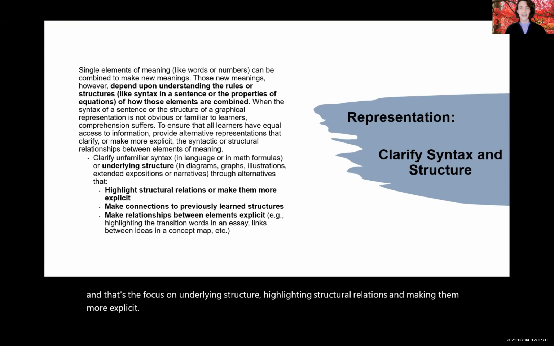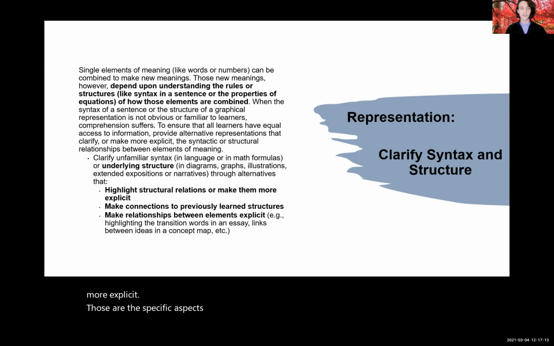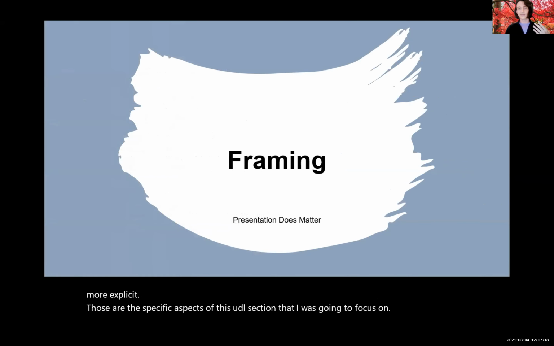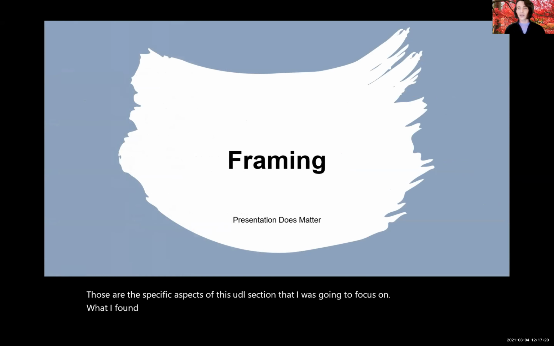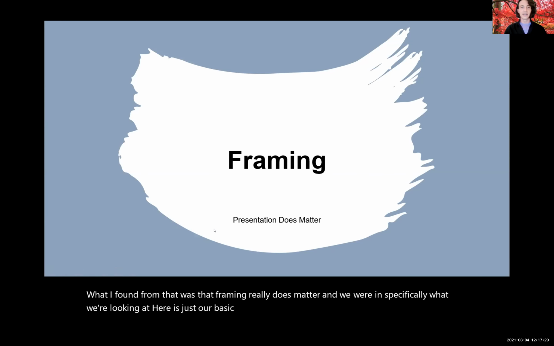Those are the specific aspects of this UDL section that I was going to focus on. What I found from that was that framing really does matter. Specifically, what we were looking at here is our basic course shell and design, where I found some interesting concepts that apply as far as UDL is concerned.